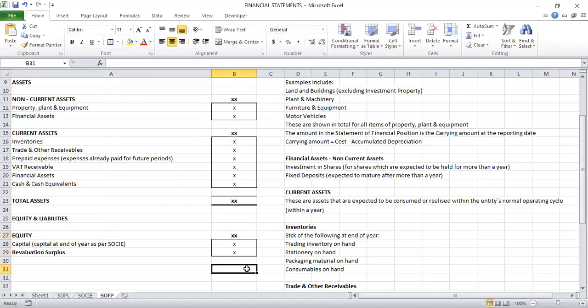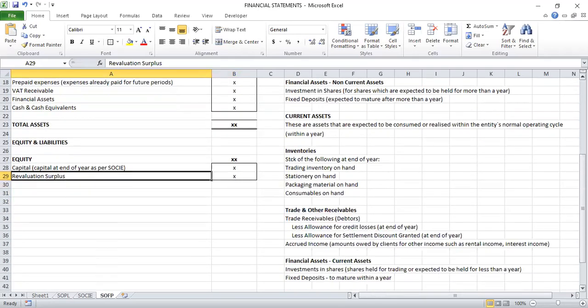But we've got one asset that sometimes doesn't depreciate, which is land and buildings. Instead of going down in value, land and buildings can go up in value. Then when they increase in value, that increase is what we call revaluation surplus. So it will be part of equity because it belongs to the owners. There are other things that can be there, but I don't talk much about them because I don't expect you to be asked on those things like asset replacement reserve and stuff like that.